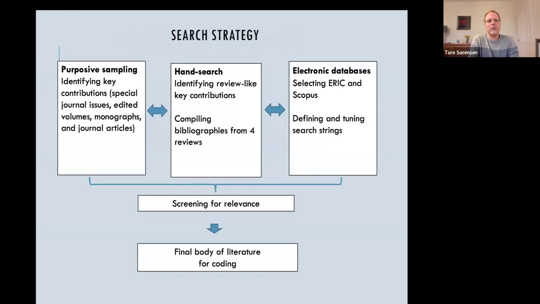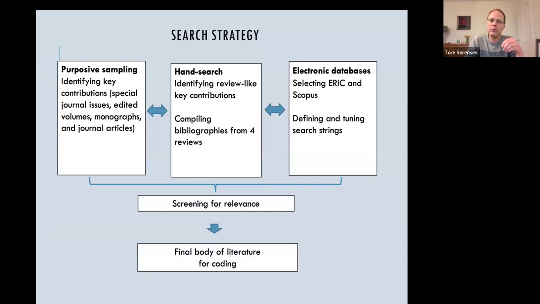Okay. Search strategy. This is extremely interesting. Thinking about the search strategy is absolutely fundamental when you conduct literature reviews. What we did was we did not just rely on electronic databases, because we knew that electronic databases only cover parts of the literature.